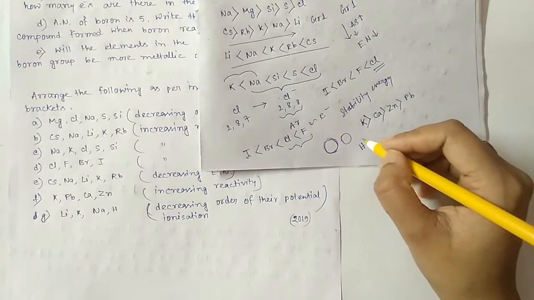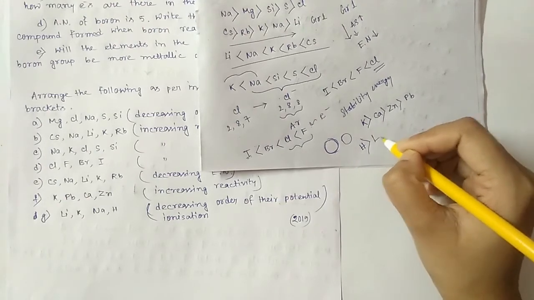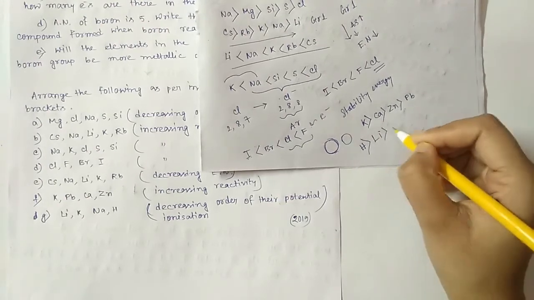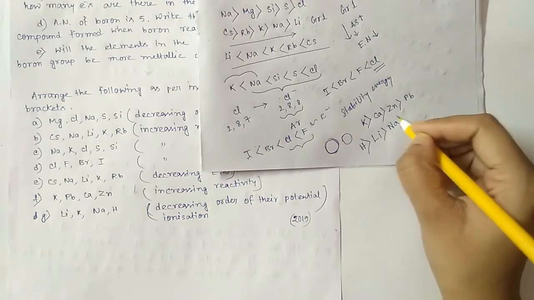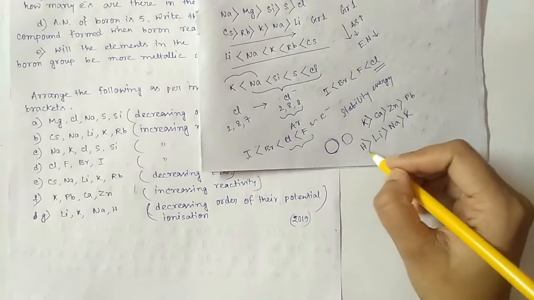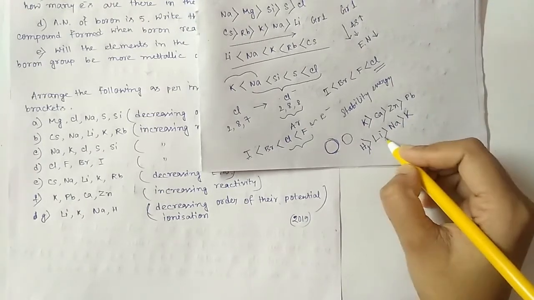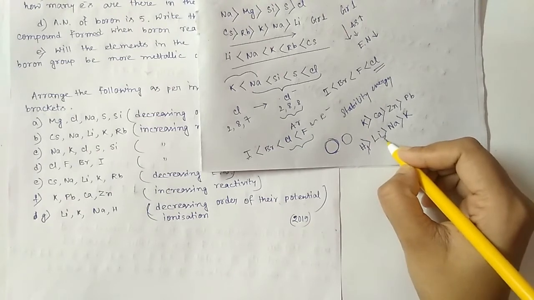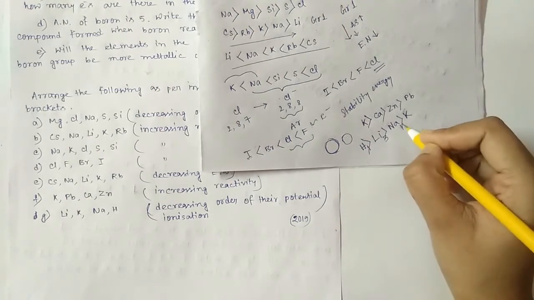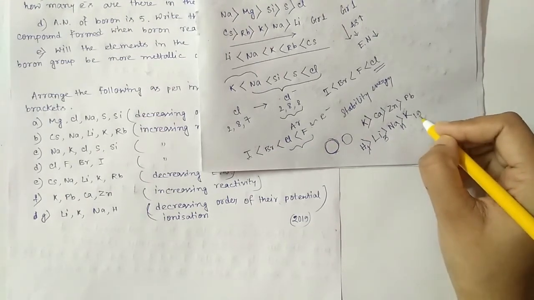So it starts with hydrogen, then lithium, then sodium, and finally potassium. The atomic number of hydrogen is 1, lithium is 3, sodium is 11, and finally potassium is 19.